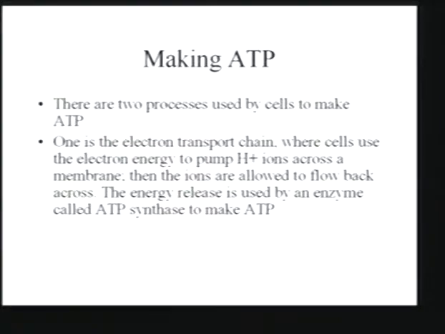So now don't lose track of where we've gone. We're taking glucose, we're stealing electrons off of it. That gives us FADH and NADH. Those electrons are passed off to an electron transport chain. They're passed from high energy to low energy. The energy in those electrons is used to pump hydrogen ions across a membrane.